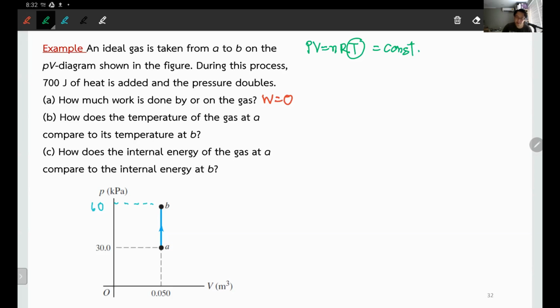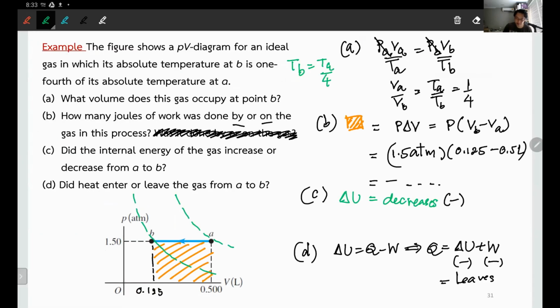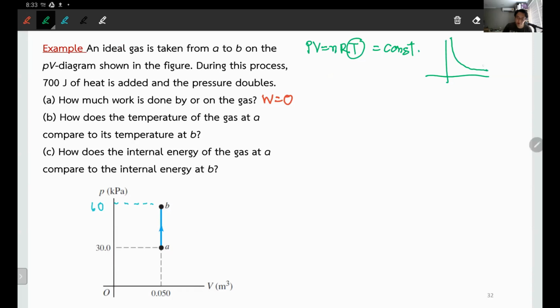So the PV curve will look like this. Like the dashed line you see here, a PV curve where the product of X and Y equals a constant, we call the isotherm. It's a constant temperature line. And of course, if you go higher in temperature, this line goes upward, diagonally up to the right.